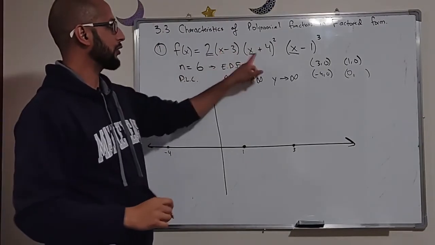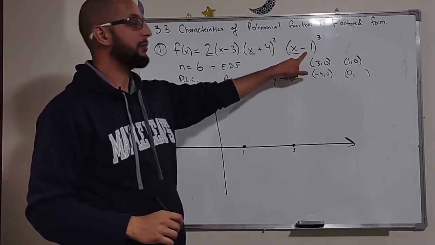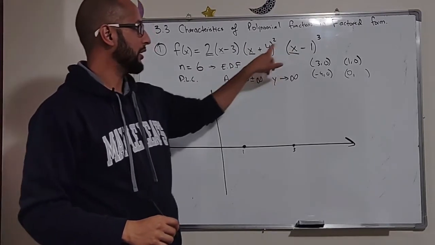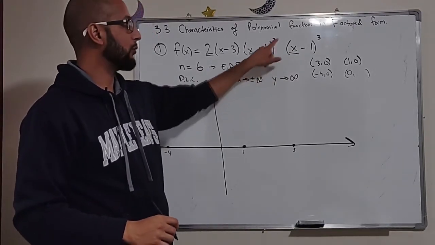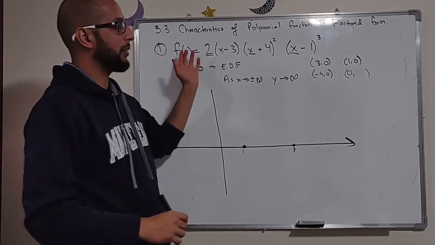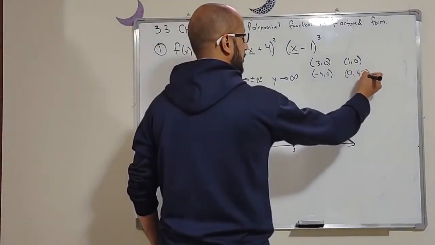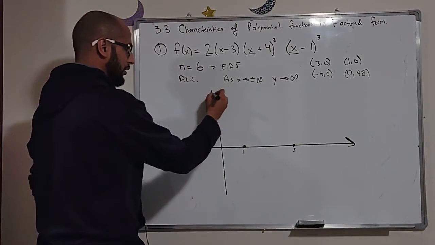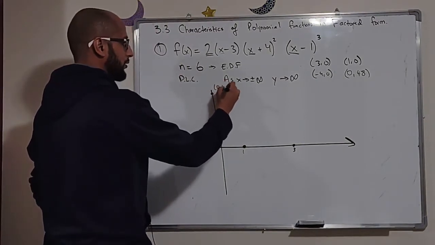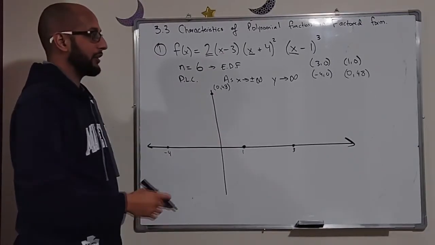If we make x 0 in all of them, we'll have negative 3 multiplied by negative 1 is positive 3, multiplied by positive 4 being squared, so multiplied by 16. So 16 multiplied by 3 will give us 48. So the y-intercept here would be 0 and 48. We'll go ahead and label that. That is our y-intercept.